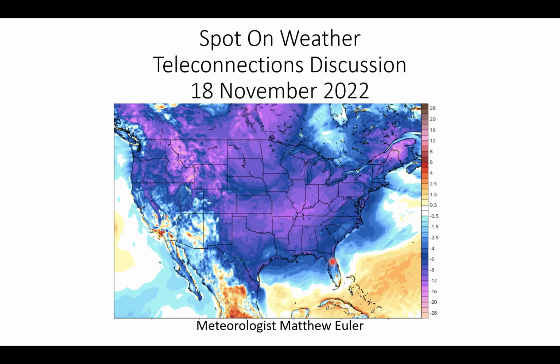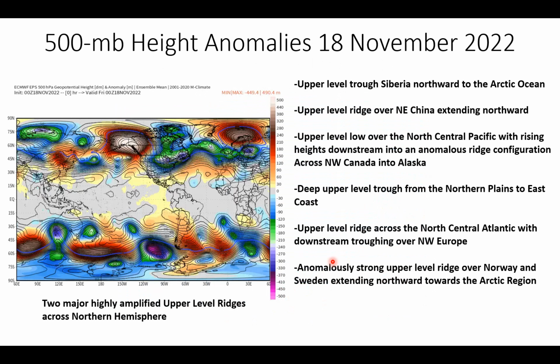And let's go ahead and get right into the discussion tonight. First thing I want to start off with is looking at the 500 millibar height anomalies for the 18th of November 2022. And I want to take a look at the Northern Hemisphere and focus specifically on that as we now head in towards just slightly less than a week to the Thanksgiving holiday.